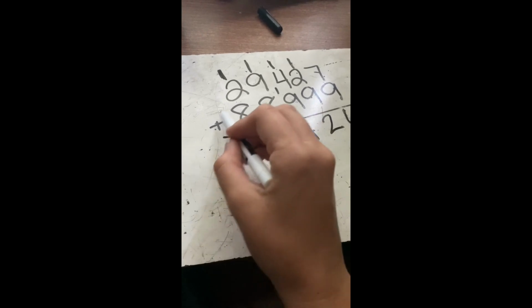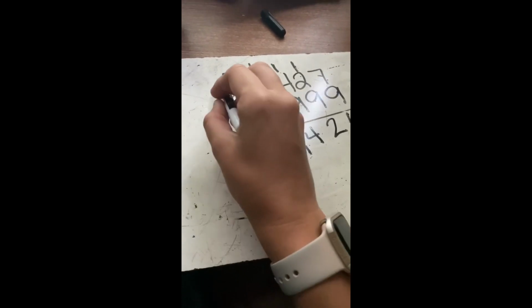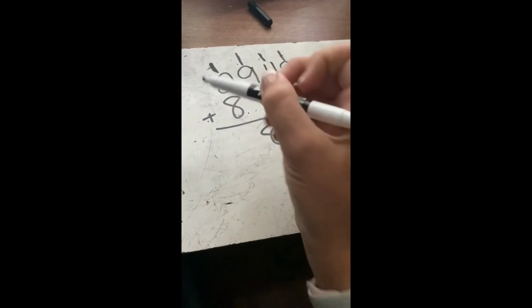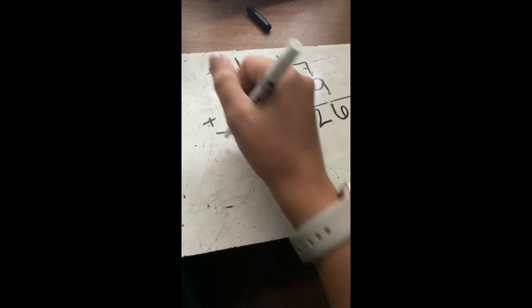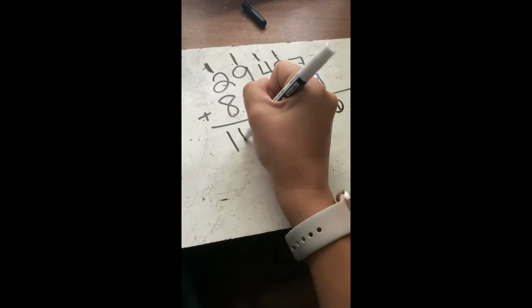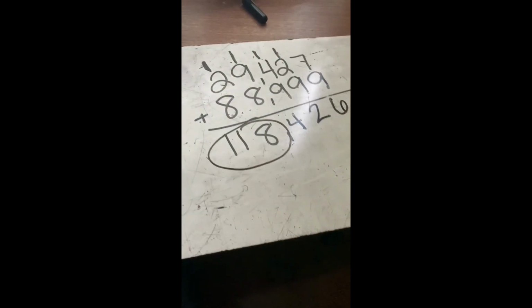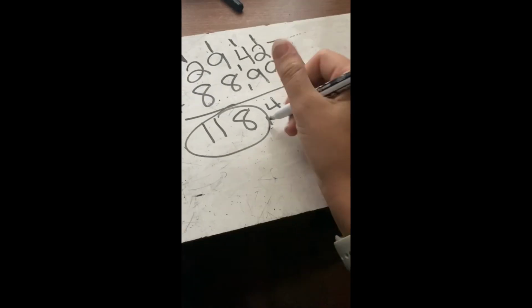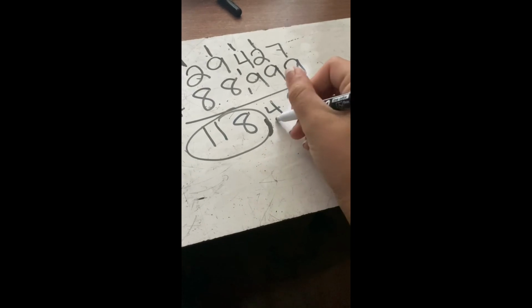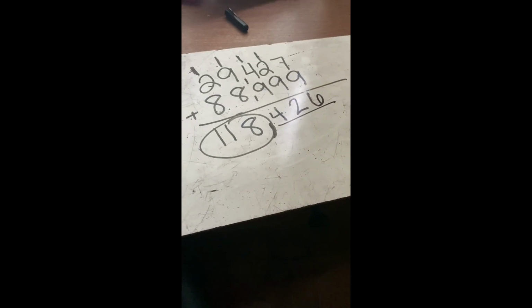Hopefully you said 8 plus 2 is 10, plus 1 is 11, and we don't have anywhere else to carry, so I'm just going to write 11 right there. 118,426 is your answer.